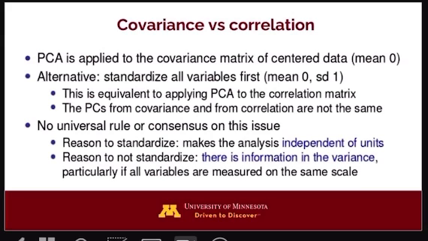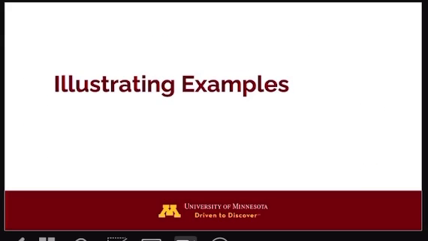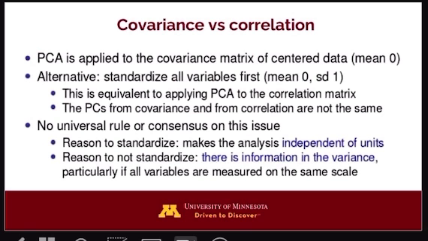In the illustrative example, if you want to work with principal component analysis, we need to decide whether we are going to work on covariance or on correlation. I said the only reason to choose covariance is when the features have the same units.